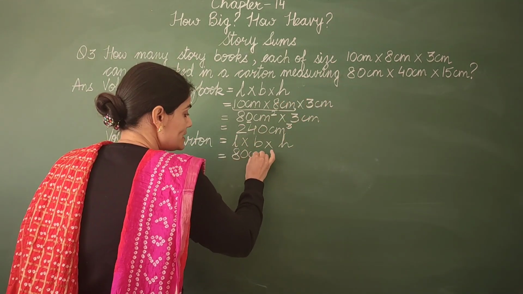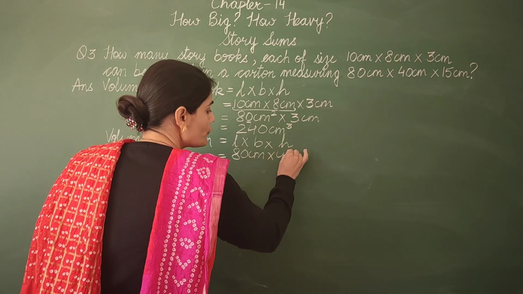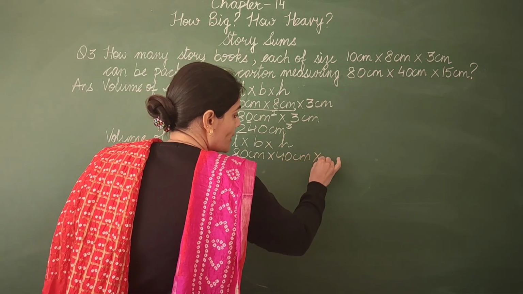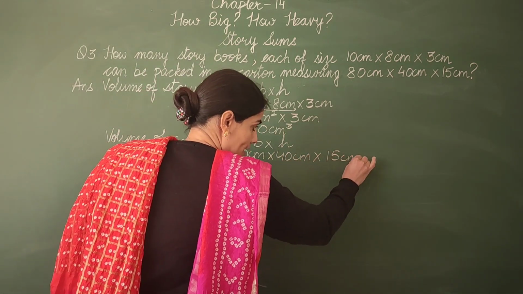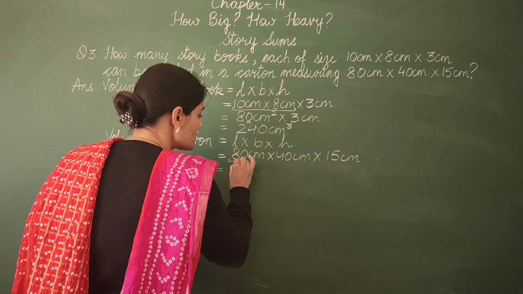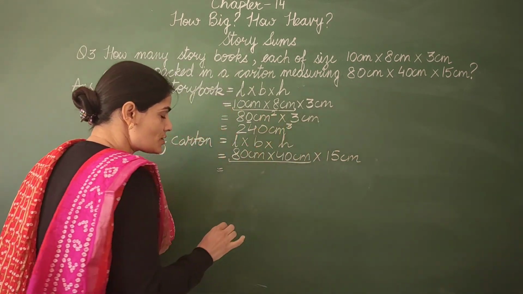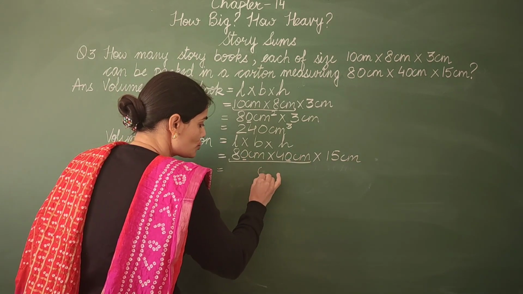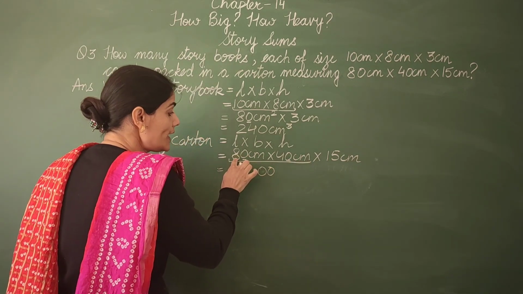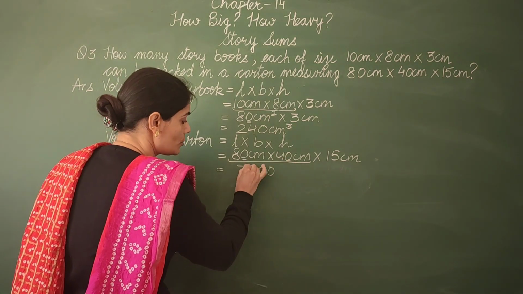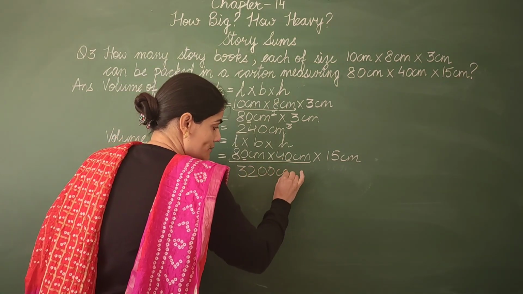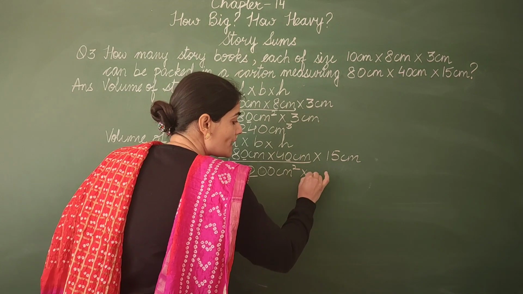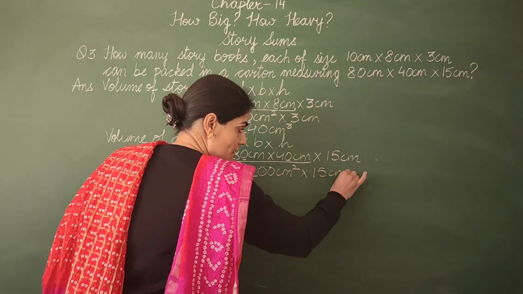It is 80 centimeter by 40 centimeter by 15 centimeter. We first multiply these two dimensions. Now they both are ending in 0, so I put 2 zeros here. Now 8 times 4 gives you 32 centimeters squared multiplied by 15.